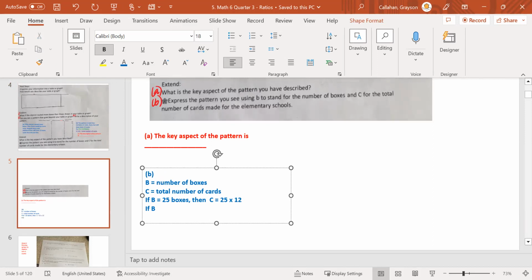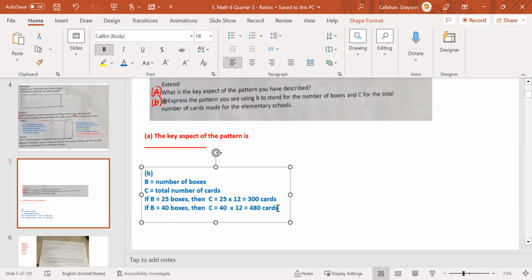If B equals 40 boxes, then C equals what? Which was how many boxes? Or how many cards? Well, that's going to equal 300 cards, you said?